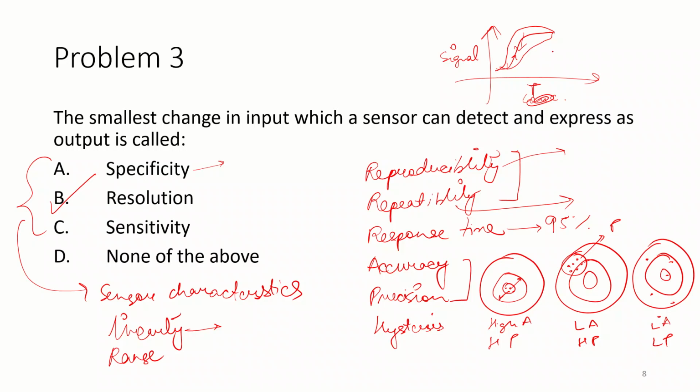So that's the hysteresis, the difference between increasing and decreasing, whether it is different or not. That's the direction dependent property of the sensor.